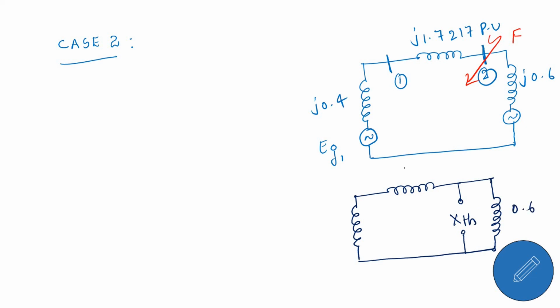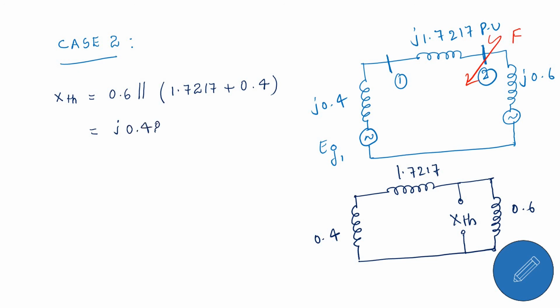This is 0.6, this is 1.7217, and this is 0.4. X Thevenin is equal to 0.6 parallel to 1.7217 plus 0.4. If we solve this, we will get J0.4876 per unit.